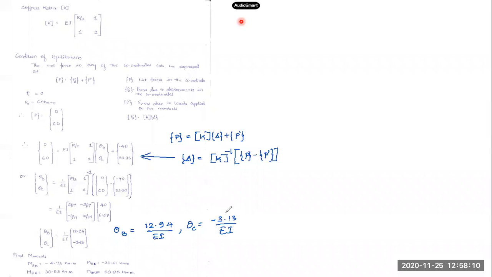Now these unknown displacements should be substituted in the slope deflection equations to get the final moments. The equation is given by MAB, which is equal to MFAB plus 2EI by L into 2 times theta A plus theta B minus 3 delta upon L. Delta is 0.